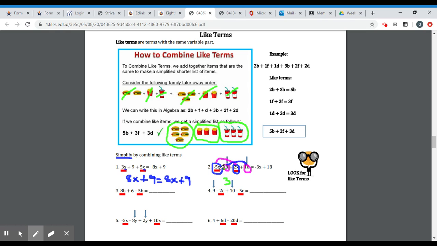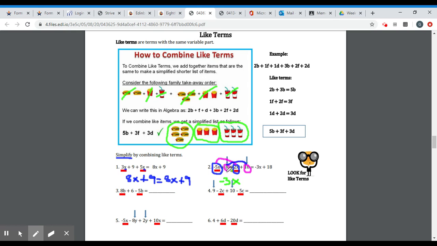Right, the 5. And is that a negative or a positive? Negative. So I'm going to keep the sign of the bigger number, which is negative. So when I combine negative 5x and 2x, I'm left with negative 3x. Okay, so that's why we started with those integer rules. It all kind of trickles down.